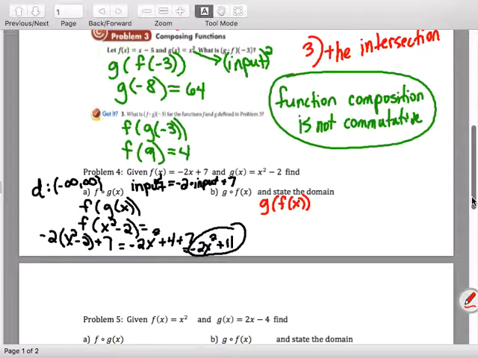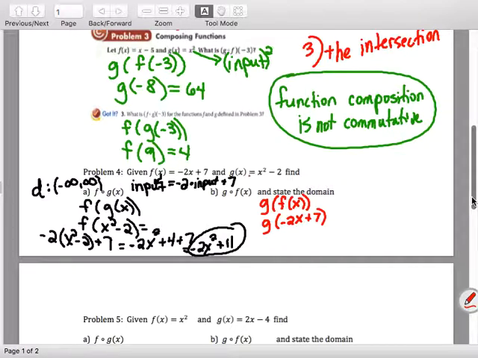All right, so here we go. g of f of x. So I'm going to replace f of x with negative 2x plus 7. So f is gone. We're not going back there, okay? Once you replace it, it's done. Now, I want g of negative 2x plus 7.